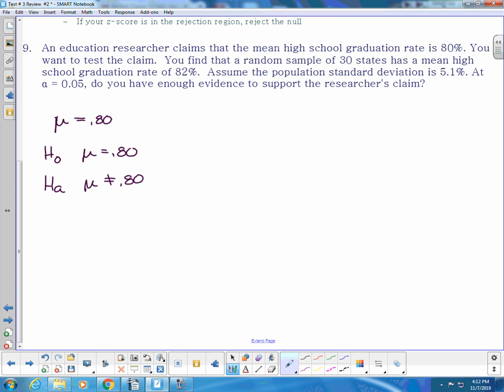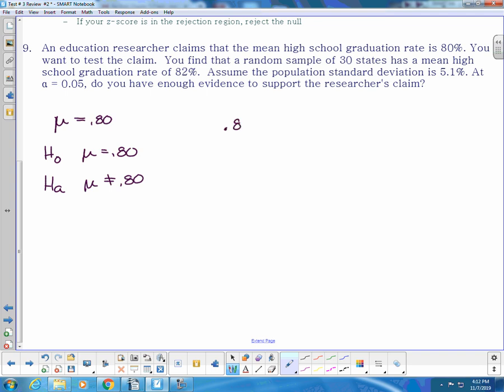So you find the sample of 30 states has a mean high school graduation rate of 82. Assume the population standard deviation is 5.1. At alpha being 0.05, is there enough evidence to support the researcher's claim? So what we are going to do is find our z-score first.